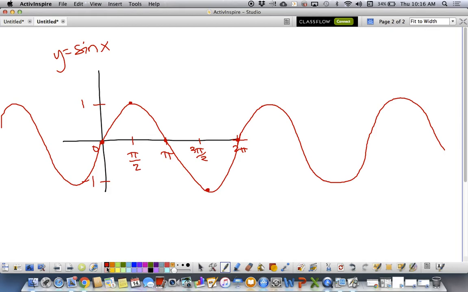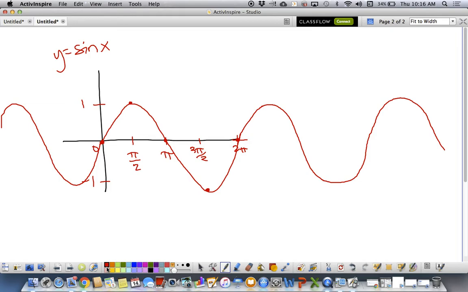Is y equals sine x a function? Why is sine x a function? It passes the vertical line test. Is sine x a 1-to-1 function? What do we use to test if it's a 1-to-1 function? The horizontal line test. Does it pass the horizontal line test? No, it does not. Could we do like we did with x squared and restrict our domain?